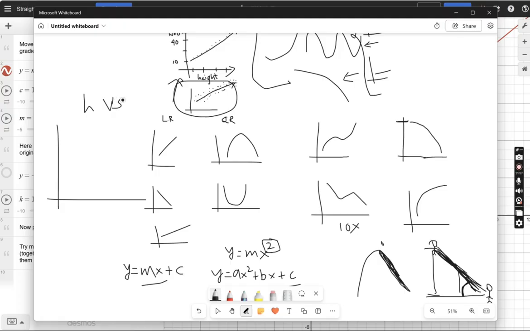Let's say how much marks he will get based on the height. I know it sounds stupid, but don't worry about it, it's just for the sake of explaining. Let's say it is the performance in sports: how well the student will perform in sports based on the height.